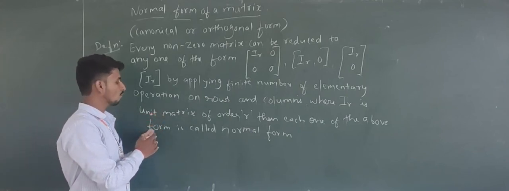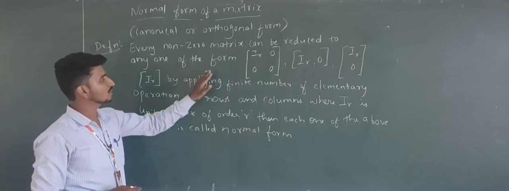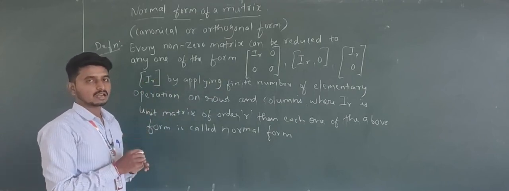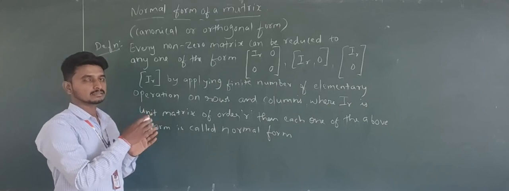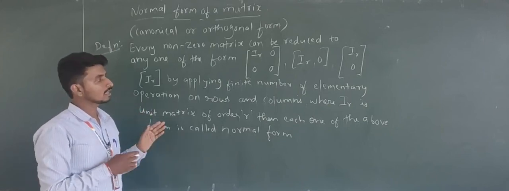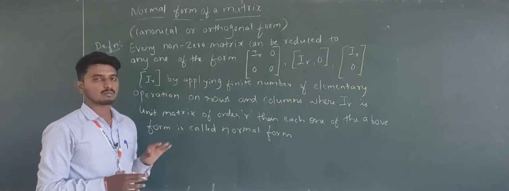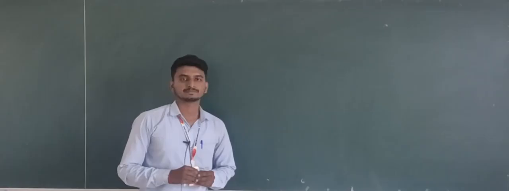These forms are called the normal form, where we make the diagonal elements 1 and the non-diagonal elements 0. This is about the normal form of a matrix.